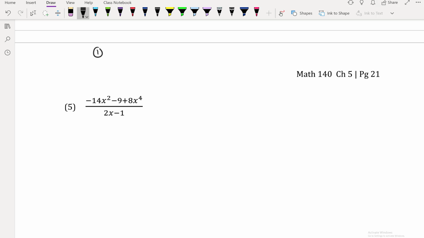You always want to make sure that you're in descending order. That means you want to go from the biggest to the smallest. That's really important. And the second thing you always want to remember is that if you're ever missing an exponent, meaning there's a gap, then you want to put placeholders.